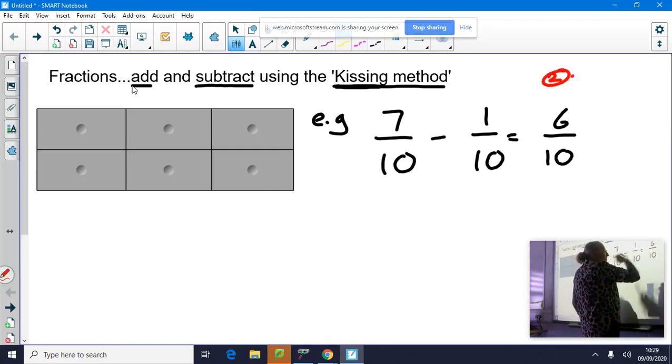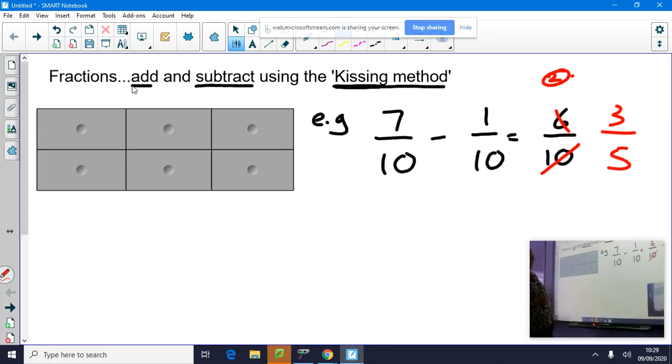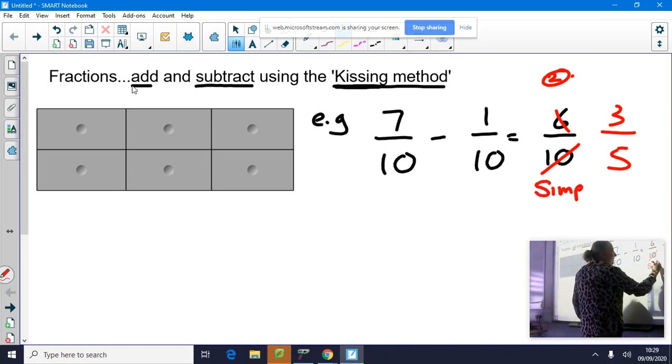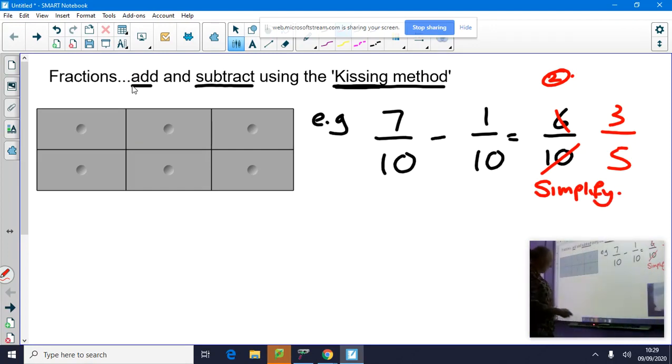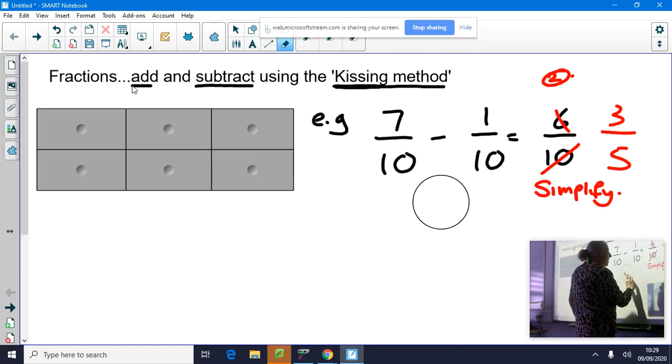How many 2's in 6? There's 3. How many 2's in 10? There's 5. So I'm actually left with 3/5. So where you can, please simplify. Okay, so nice and easy, add and subtract with the same denominator.